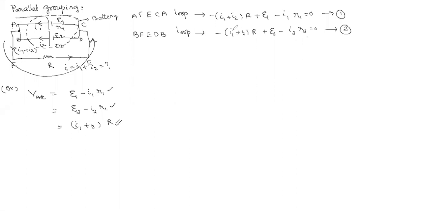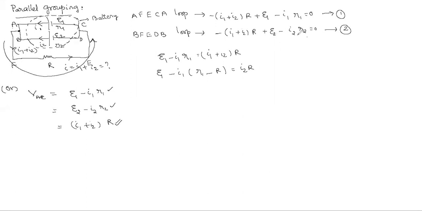So here from the two equations, what we have to do? First eliminate I1 or I2 and find out I1, Nana. E1 minus I1 R1 is equal to (I1 plus I2) into R. That implies E1 minus I1 into (R1 minus capital R) equals I2 into capital R. Am I right?